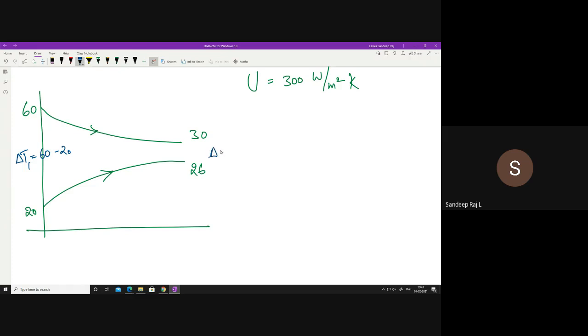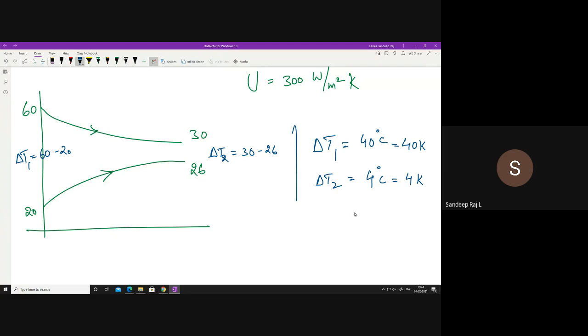On the other side, the delta T2 is 30 minus 26. So tell me what are these values. Delta T1 is equal to 60 minus 20, which is 40, and delta T2 is equal to 30 minus 26, which is 4 degrees centigrade, or since this is delta T, it is also 40 Kelvin and 4 Kelvin.